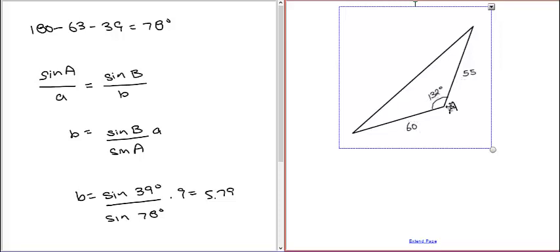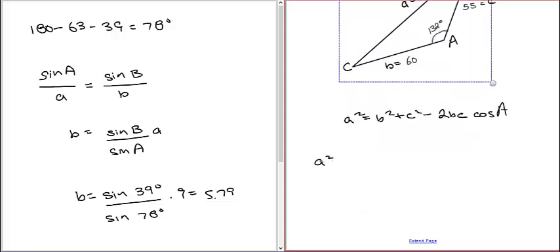I'm going to call this angle A, this side B, and this side C. The first thing we can do is find side A. So this is side A right here, here's angle A, this is side C, and this is side B. The formula we use is A squared, the length of the opposite side, is B squared plus C squared minus 2BC times the cosine of the angle A.